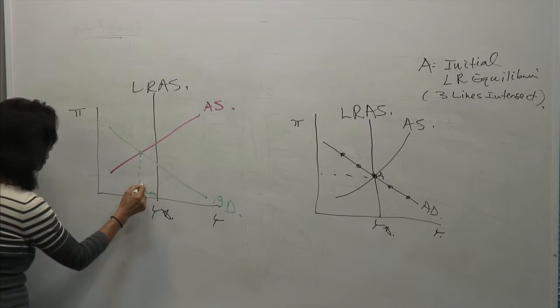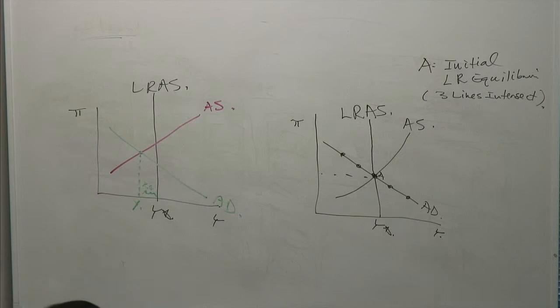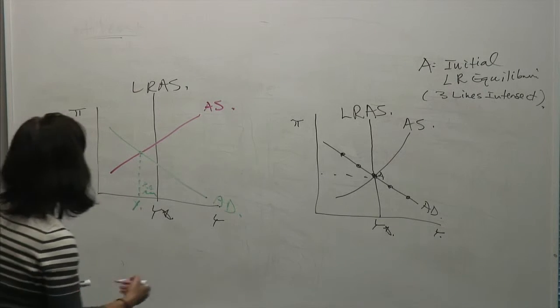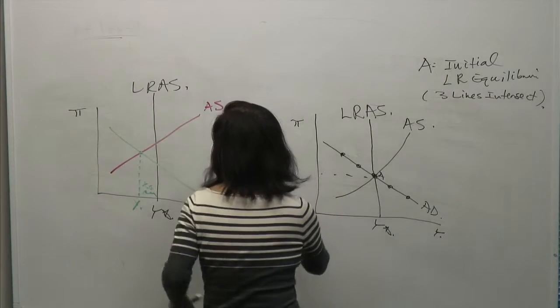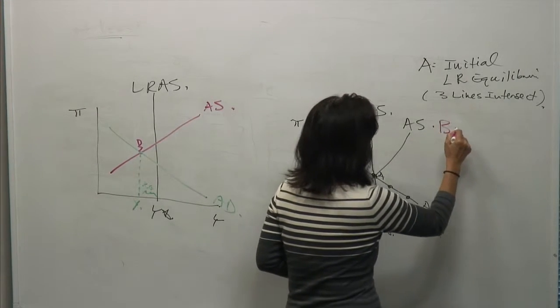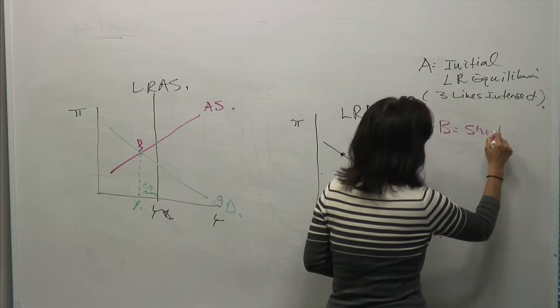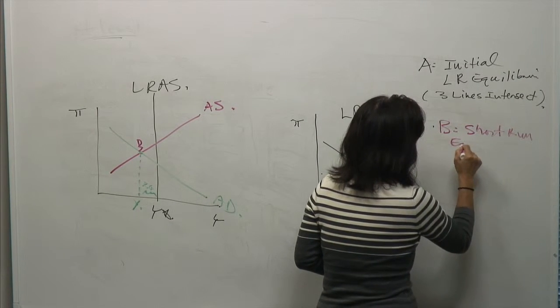Okay, very good. Now, you can appreciate drawing all this diagram because basically it's to pick up what kind of output gap it is. So if you're in recessionary gap, let's call this point B here. So point B is your short run equilibrium.